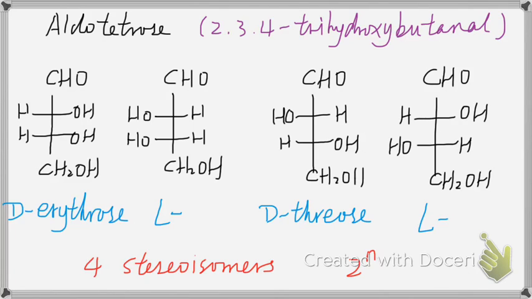Then we will relate all the other D configurations to that one that we defined arbitrarily. So the D configuration for the rest of the carbohydrates will be defined as the configuration at the highest numbered stereogenic center.